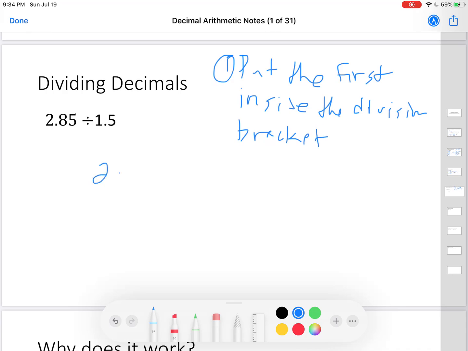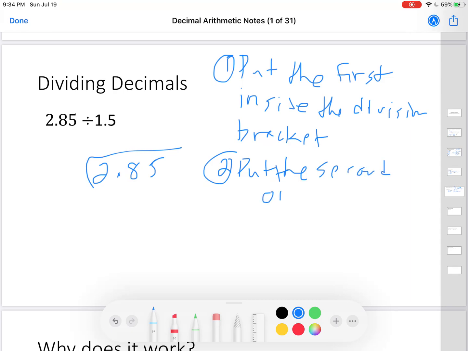So 2.85 goes inside because it's the first one. Step 2. Put the second number outside. I'll talk about why that goes inside and outside later.